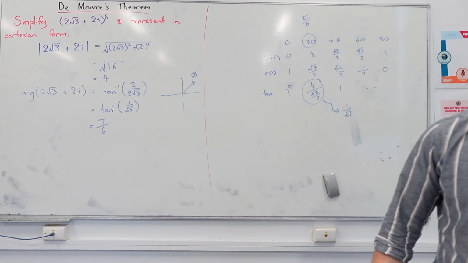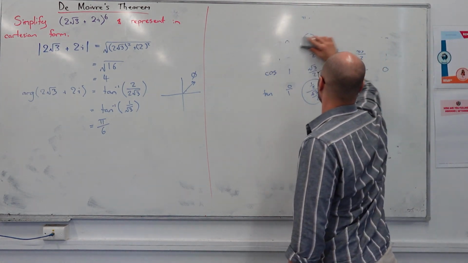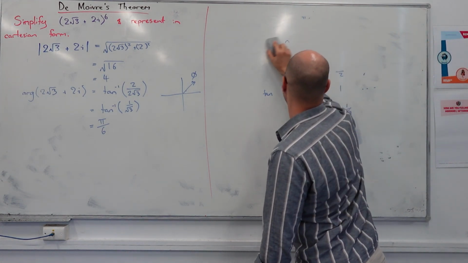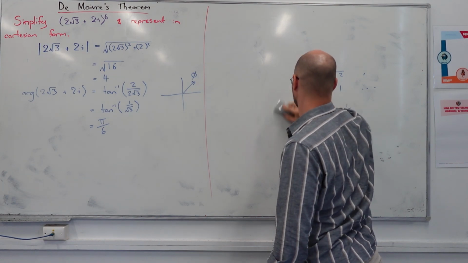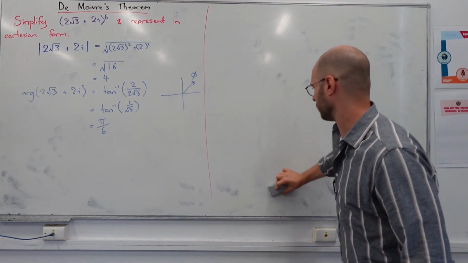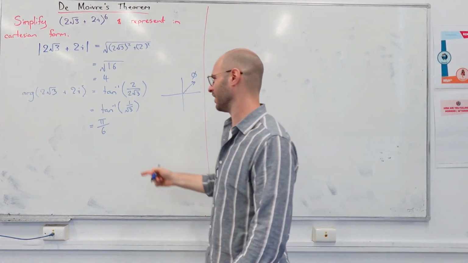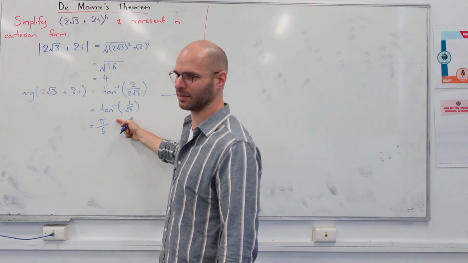If you've got the sine and cosine ones down, then you know the tangent one. It's alright, I forgot about them earlier as well, but I know they exist. Okay, so the argument's pi on 6.